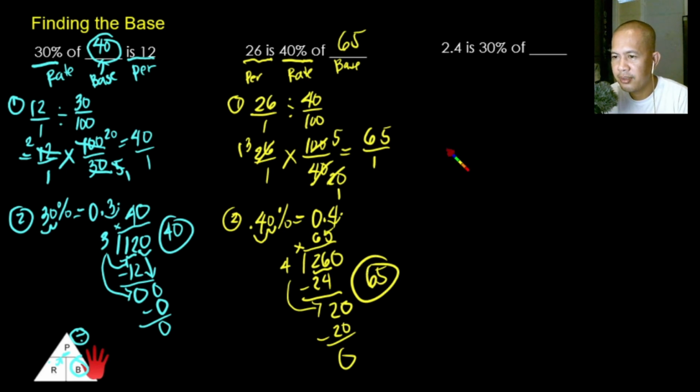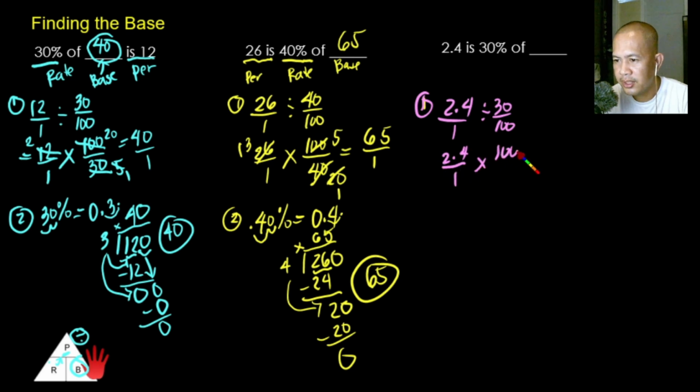Let's do the last example. 2.4 is 30% of blank. So the first way again, we're going to change 30% into a fraction. So we have 2.4 over 1 divided by 30 all over 100, and we're going to change that to multiplication by the reciprocal of 30 all over 100, which is 100 all over 30.